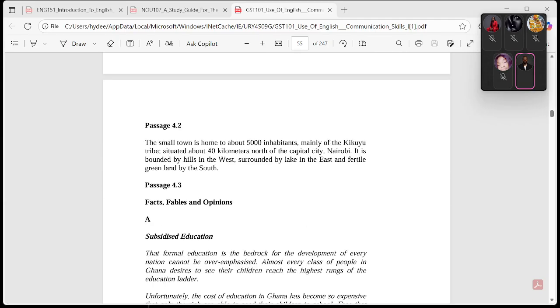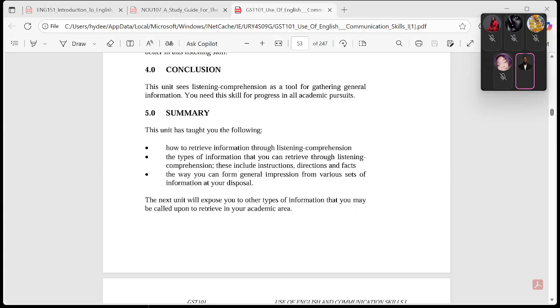I'm going to give it to you as it is. Then you see a lot of facts and fables from your unit, which you're going to actually go through. And don't worry, the questions I give to you are direct, so you'll be able to bring it out yourself. Trust. Okay.